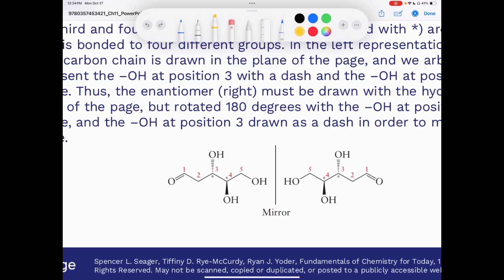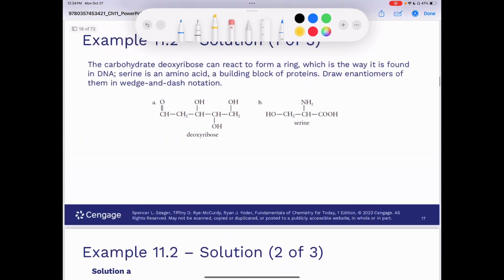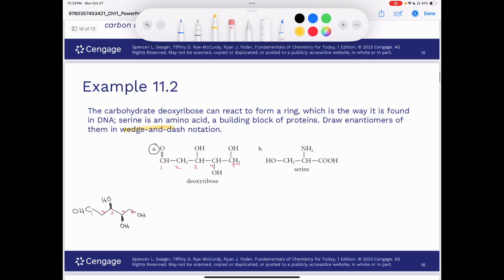They just want you to draw the enantiomer. So you can draw the enantiomer the way they did it here, where you just draw the mirror images. The mirror image, excuse me, the way they have here, and there's nothing wrong with this. This is 100% correct. But if you go back to my strategy here, there's another way you can draw the enantiomer that might be easier for you.